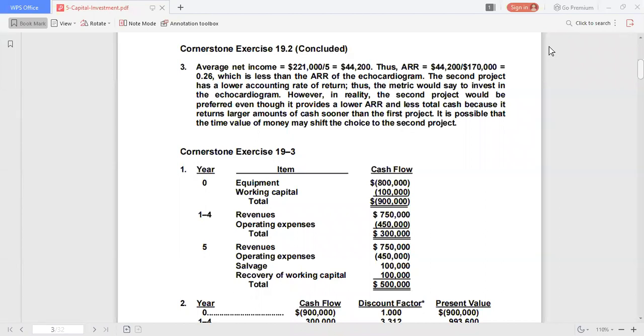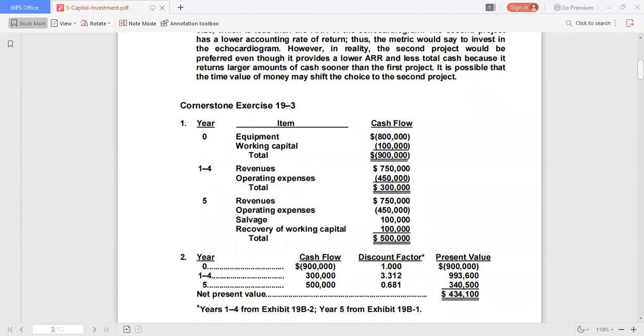So at the end of the 5-year period, you will have a net cash inflow of 500,000. Okay, so back to requirement number 1: how much is the annual cash flow for the new product?